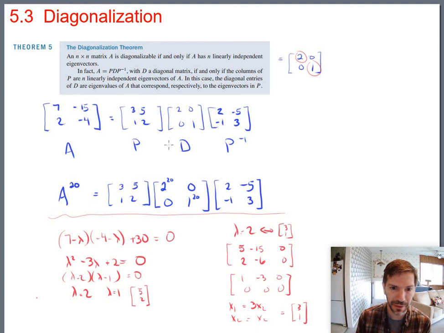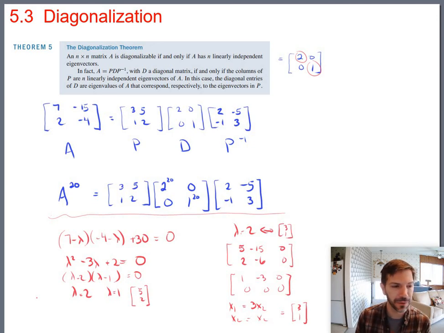That's the only way you can build your P. 2 by 2, you need 2 eigenvectors. 3 by 3, you need 3 eigenvectors. 10 by 10, you would need 10 eigenvectors. As long as you have that, then A factors into PDP inverse, where the diagonal entries of D are the eigenvalues, so the 2 and the 1, and the eigenvectors correspond to the columns in P. Okay, so that's just what we discovered already.